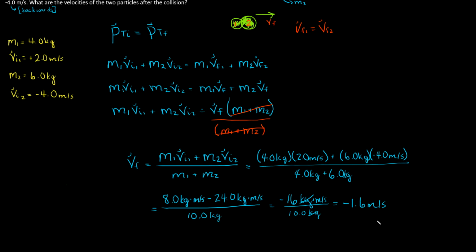And then, since that final velocity of the two objects is negative, it means that those two objects end up traveling in the direction that the second object was initially traveling. So our final velocity for those two objects is 1.6 meters per second, and we describe that as backwards.